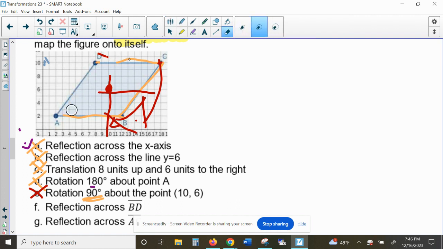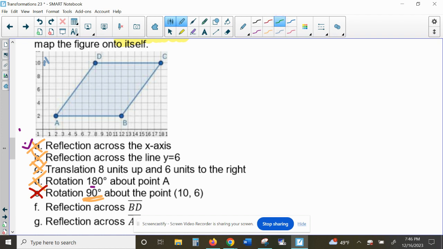Okay, next one I have to check out. It's going to be a reflection across the line BD. So BD would be a segment that connects B to D. So that's going to be this line right here. If I were to reflect over this line, think of this line longer. Count it here, and keep continuing it over here.